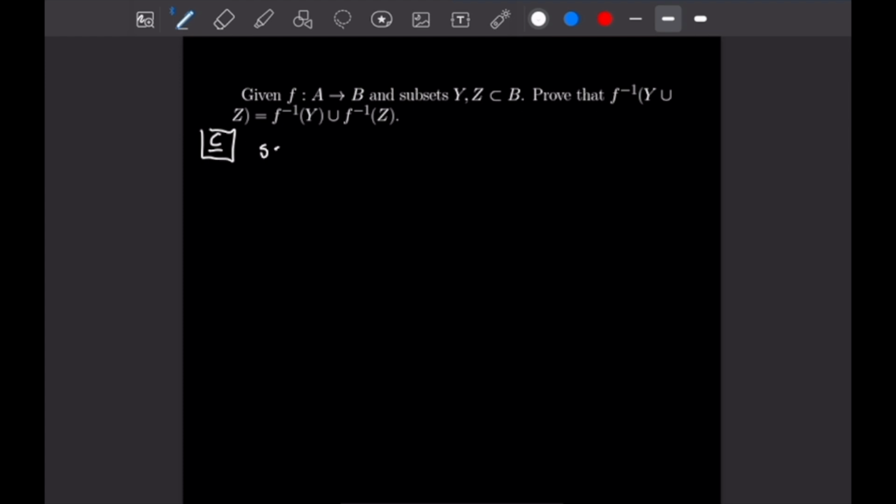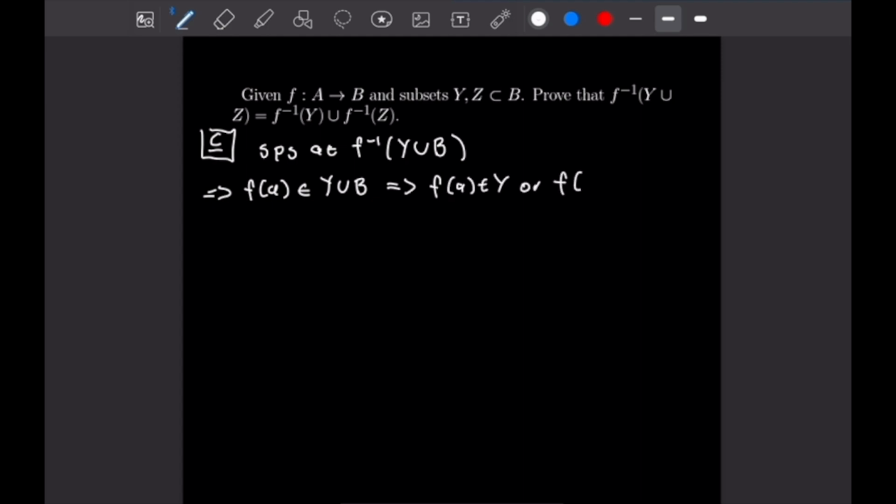So we're going to start by supposing that we have some little a, which is in the preimage of Y union Z. Well, we can see that that then means that f(a) is in Y union Z, but that means that f(a) is in Y, or f(a) is in Z, by the definition of union.